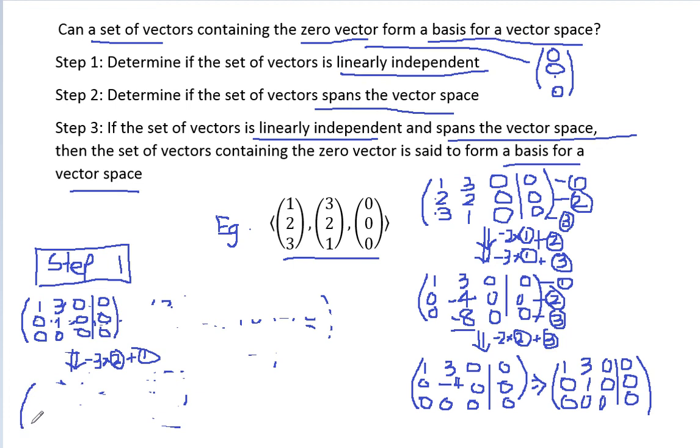We keep this: 0, 1, 0, 0. And 0 and 0 will be 0. Then minus 3 times 1 equals minus 3, minus 3 plus 3 equals 0. And minus 3 times 0 equals 0, 0 plus 1 equals 1. And this will be 0. From here, it's already in reduced row echelon form.